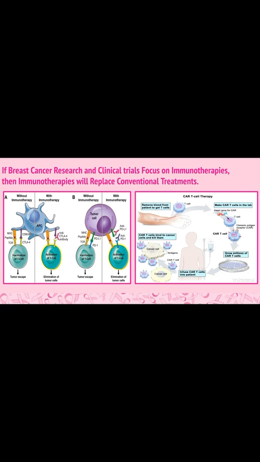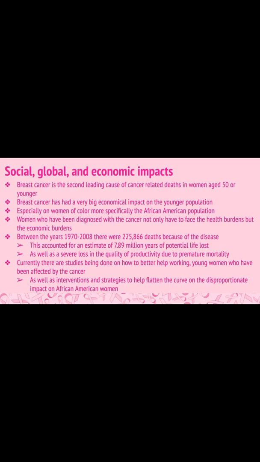CAR-T has proven successful in other types of cancer, but is still new and needs more trials for breast cancer. It should be known that there is no definite cure for breast cancer. A patient can simply remain in remission, and the cancer can always replicate too quickly for the immune system to completely eradicate it.